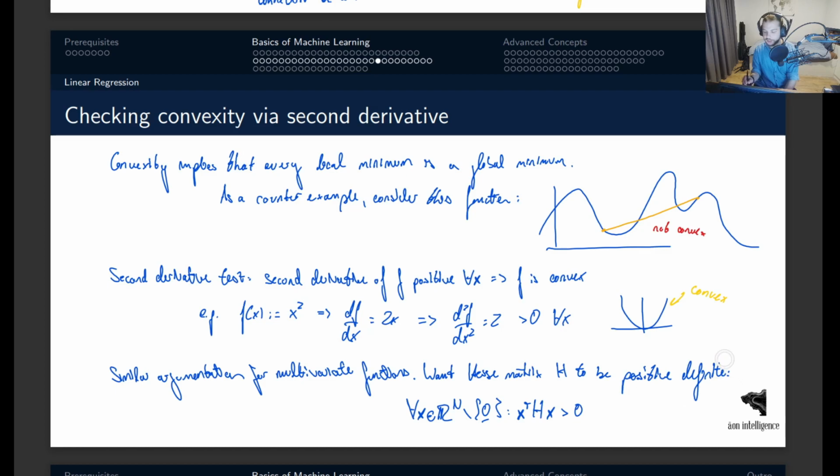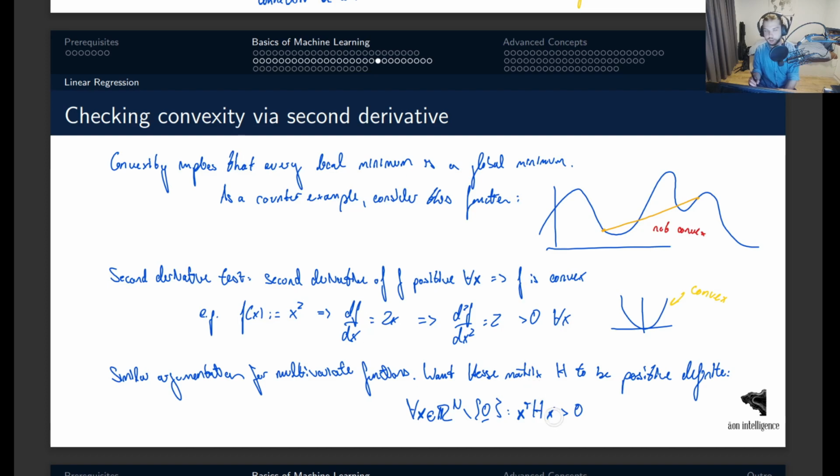And the positive definiteness of this matrix H, the positivity notion of H, is defined as follows. So for every vector x in R^n, which is not the null vector, we want that x transpose times H times x is larger than 0. And observe that this vector-matrix-vector multiplication yields a scalar.